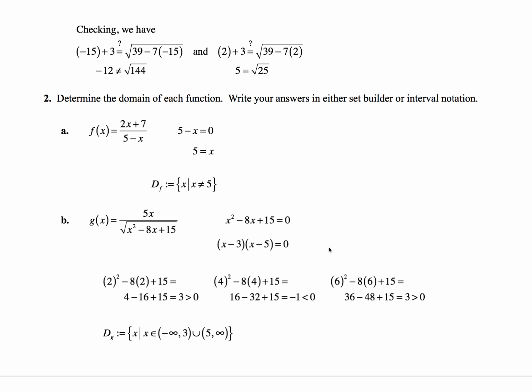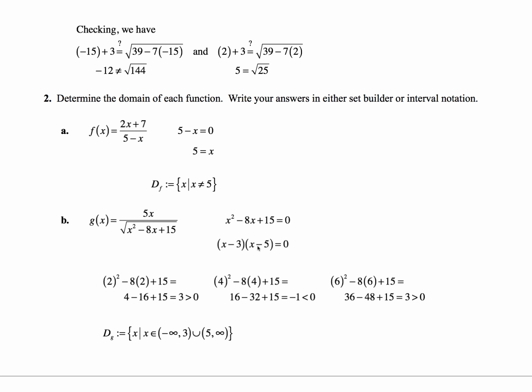Now, if you think about what this function, x squared minus 8x plus 15, looks like, it's a parabola that opens up, and that means it crosses the x-axis at 3 and 5.